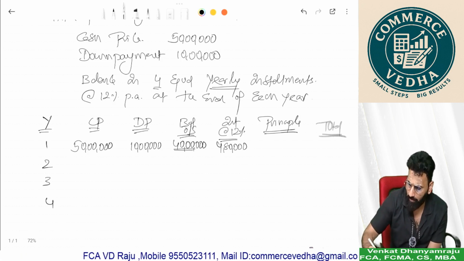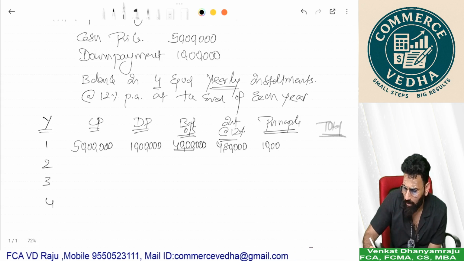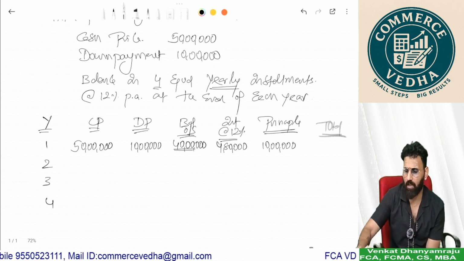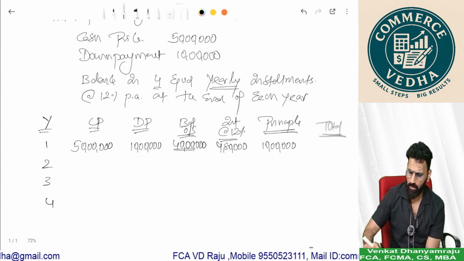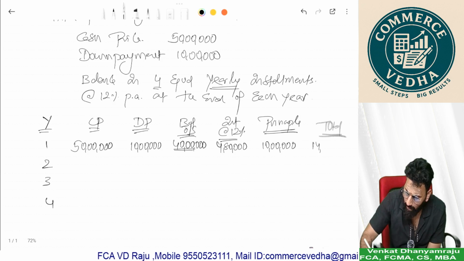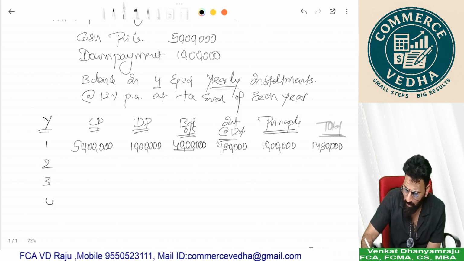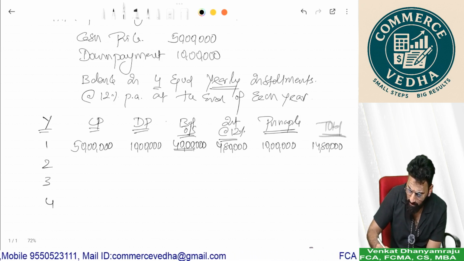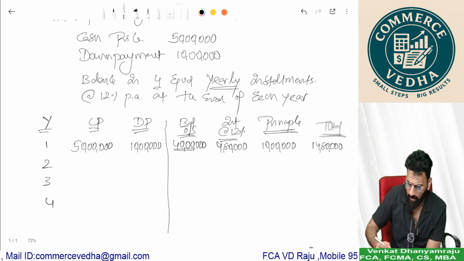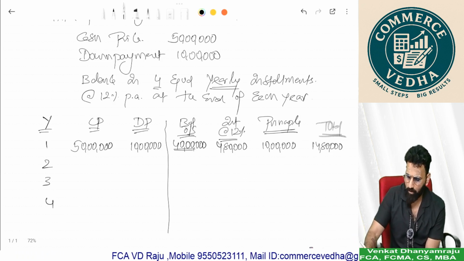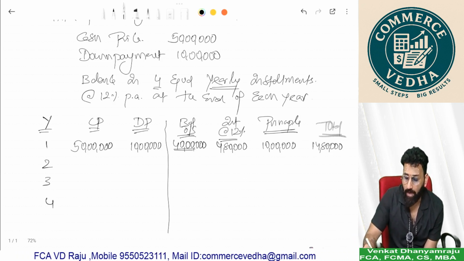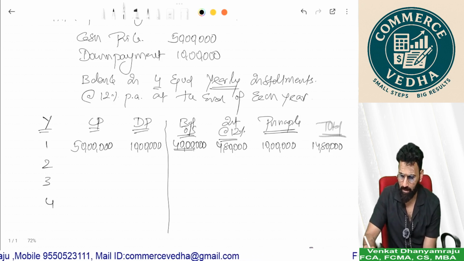And principal payment should be 10 lakhs. Why? Because 4 equal installments, which is 40 lakhs divided by 4. So the total is 14,80,000. And after the first year, this column is irrelevant. Only the 4 columns are relevant.